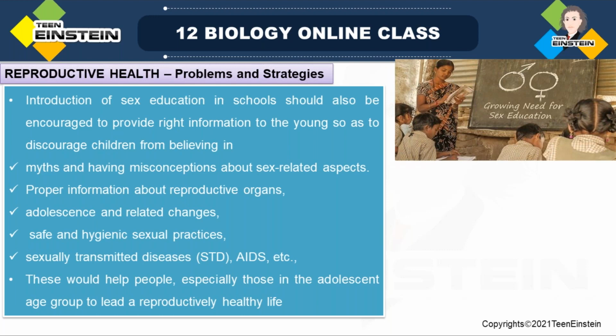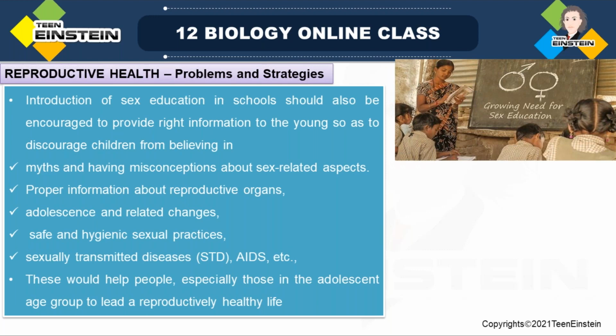So that is the importance of the introduction of sex education in school. In school also, we should encourage providing the right information to the young, so they won't be believing in the myths and all those stupid ideas. They won't be sticking to those ideas.